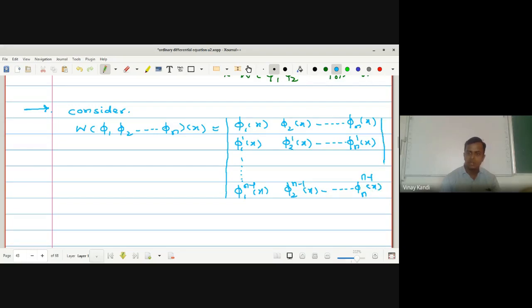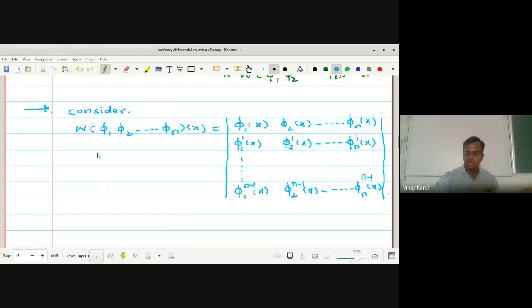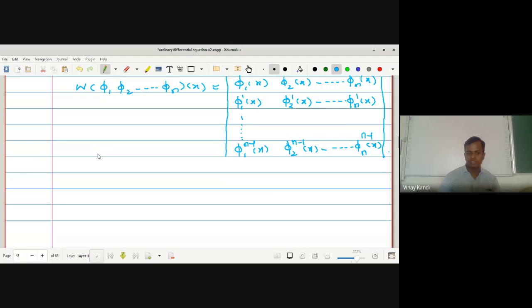And this is the determinant. Any doubt up to here? No, sir. Now differentiate the Wronskian row wise.